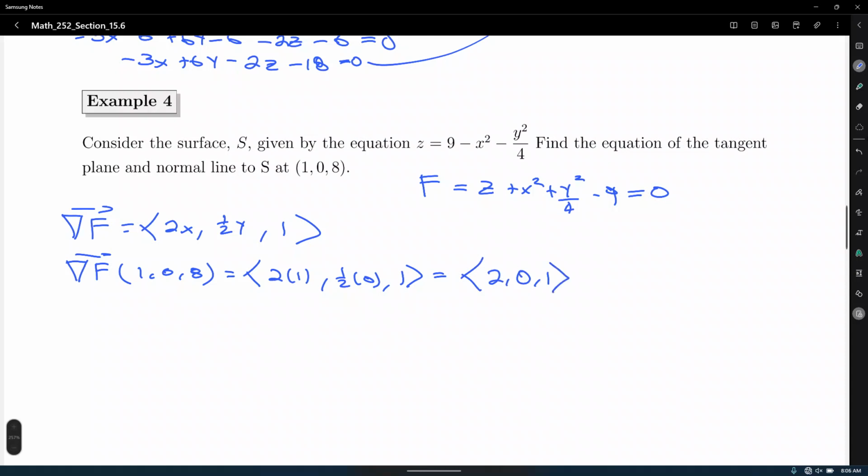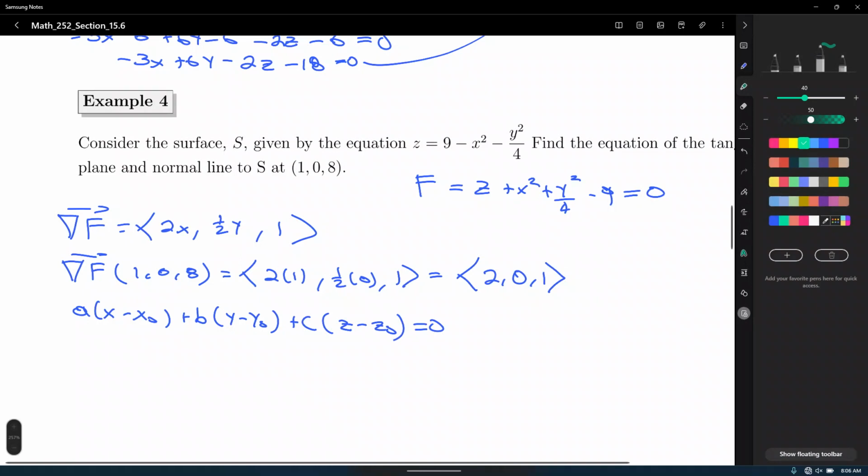From here, we already have everything we need to obtain the equation of the tangent plane to the surface. Again, we use the general form, and then we turn this into standard form. That is a times x minus x naught plus b times y minus y naught plus c times z minus z naught equal to 0. Where are these numbers coming from?